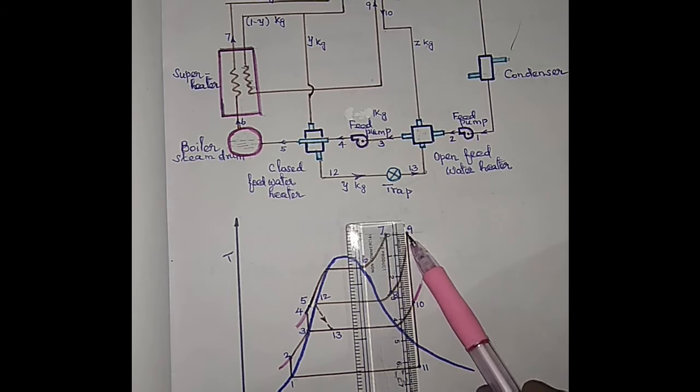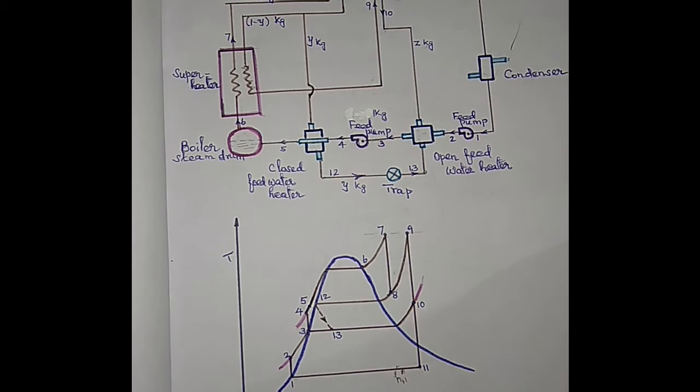So that is H9 minus H11. So this plus this is the work done in case we have got an HP turbine and an LP turbine, and in between we are doing the reheating. So work done increases.